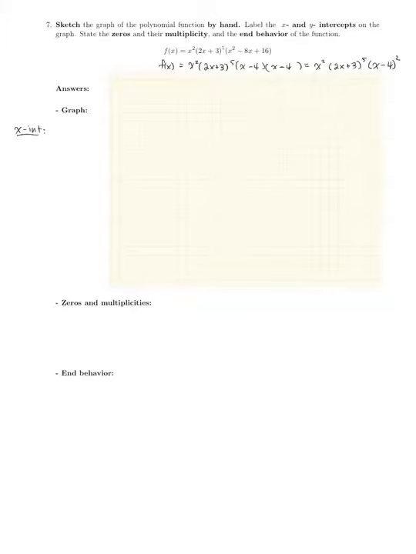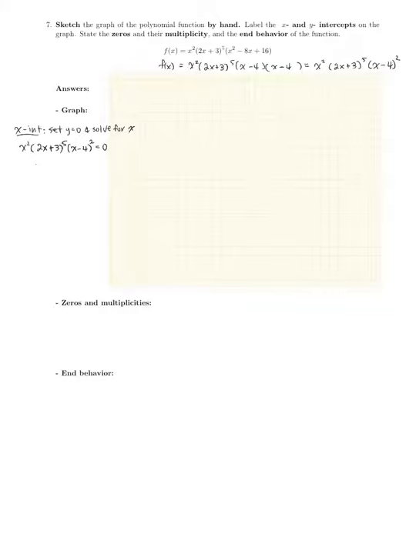To find the x-intercept, you set that whole entire function equal to 0 and solve for x, which is also the zero of the polynomial. So I'm going to write it as set y equals to 0 and solve for x.